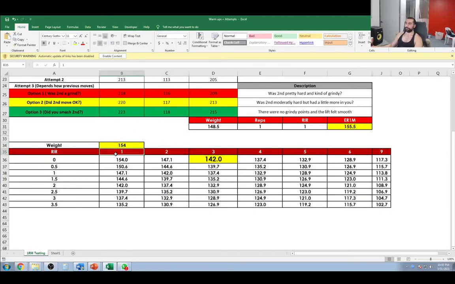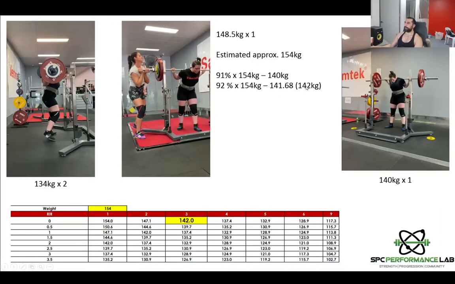If we look at a triple based off 154, it gives around 142. That lines up with, if we base it off about 92%, that's about 142. I prefer to go a little bit more on the conservative side and go with around a 140 kilo opener, because I'm confident that that's going to be pretty easy for her.